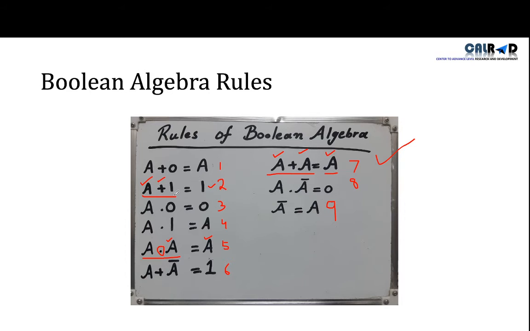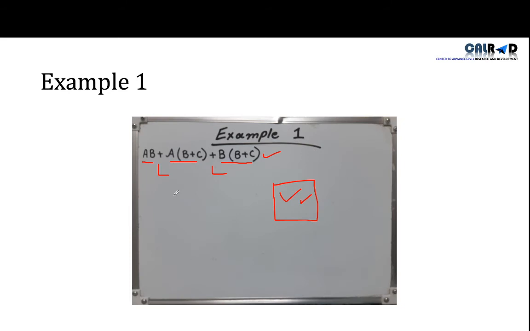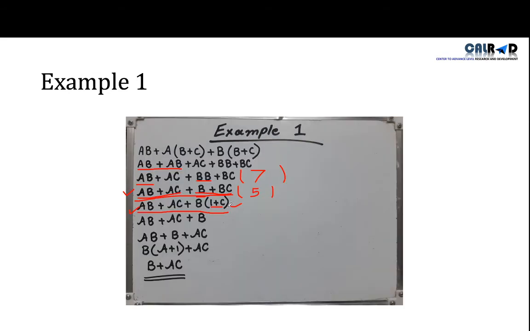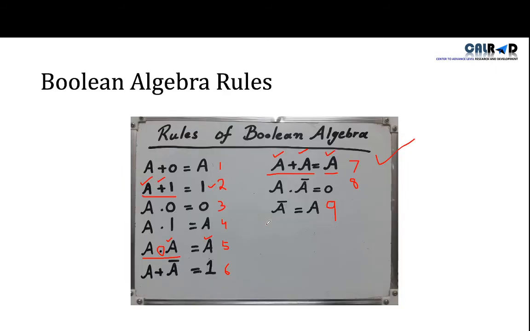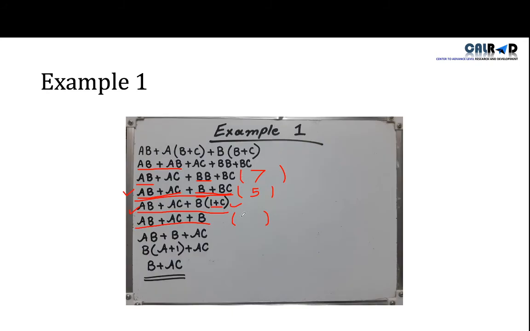So if A plus 1 is equal to 1, then what will C plus 1 be? It is obviously 1. So our equation will be AB plus AC plus B, because 1 plus C is equal to 1. And which law is applied to make 1 plus C equal to 1? Law number 2. So law number 2 is applied here.